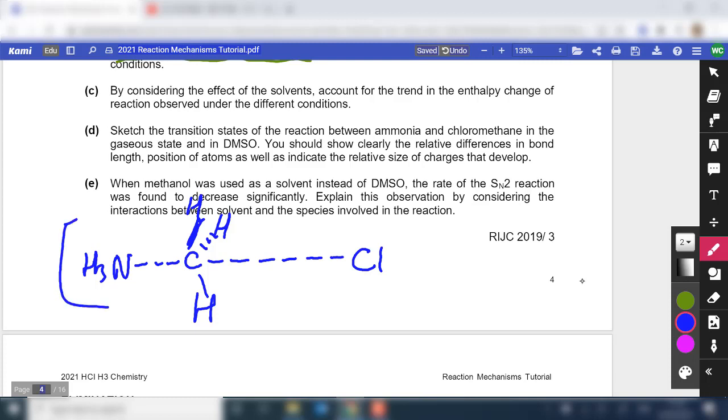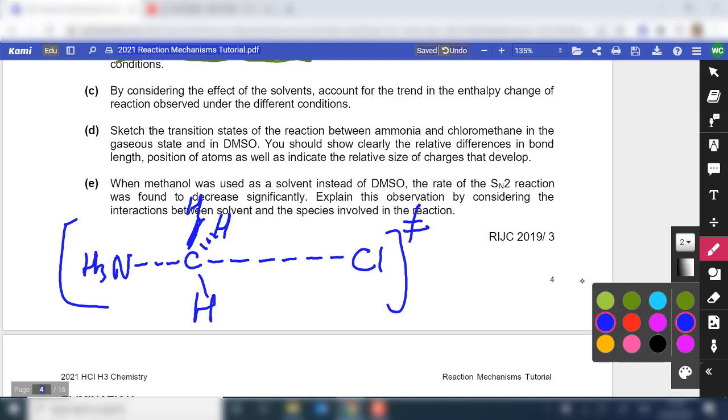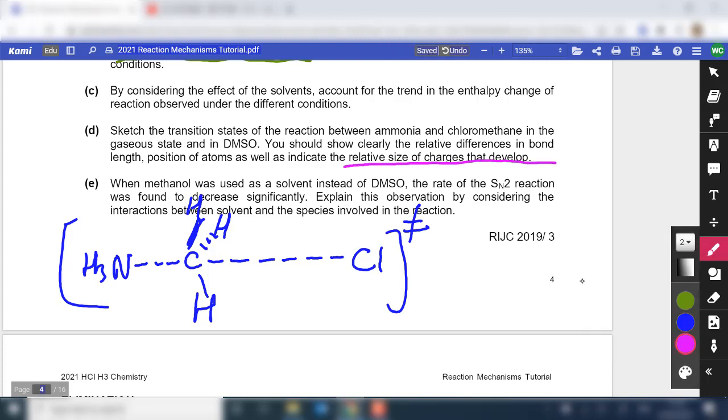So this is the transition state that we are talking about. In terms of the charge, you are supposed to indicate the relative size of the charge as well. So the delta minus should be larger than the one we're going to draw next for DMSO, and this delta plus should be almost fully developed as well.